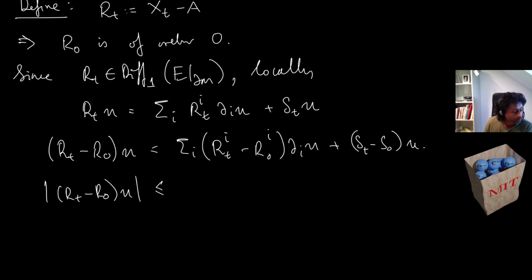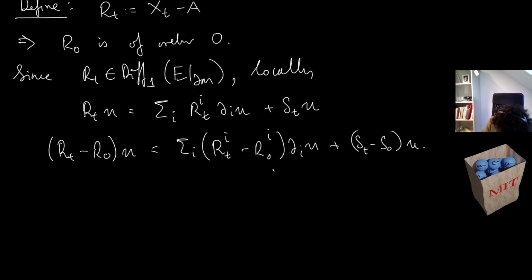Okay, so this is now going to be less than or equal to, by the triangle inequality, R_t^i minus R_0^i, partial, well, okay, so yeah, that's the best way to do this. Let me see. Okay, maybe I won't write this at first.